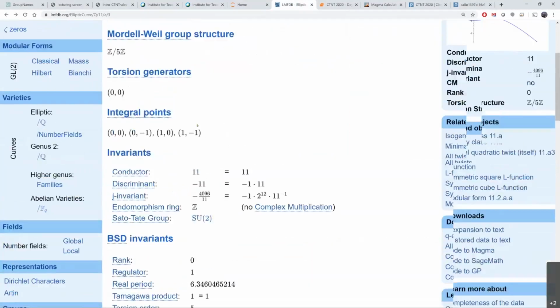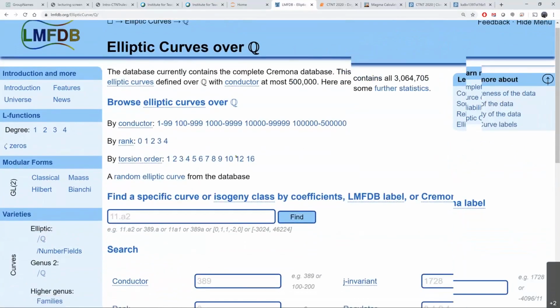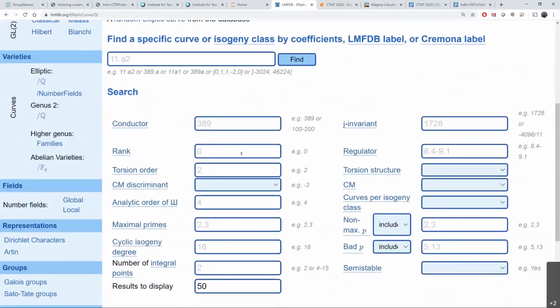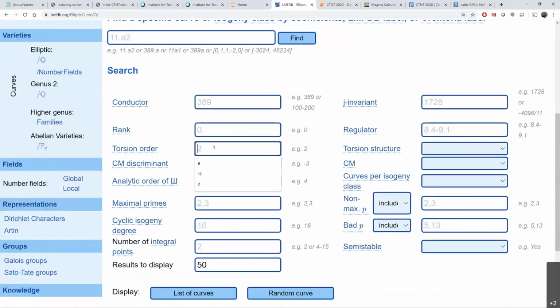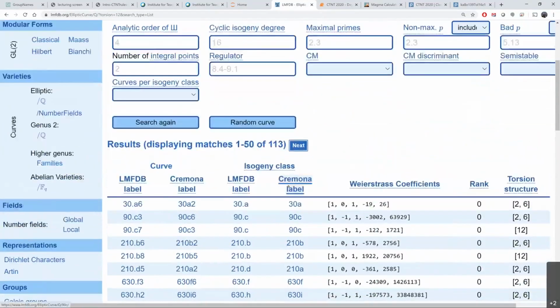All right, so one can go into the database and start finding such examples. So let's look in the database for some of these examples. You might want to see what is the first elliptic curve in the database that has a point of order 12. So let's see. Here is such an elliptic curve, 30A6.